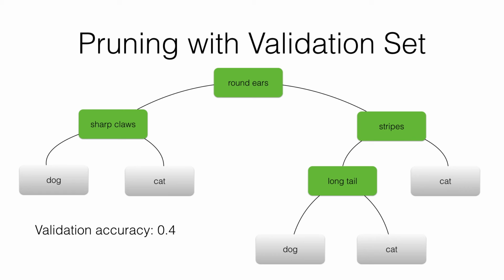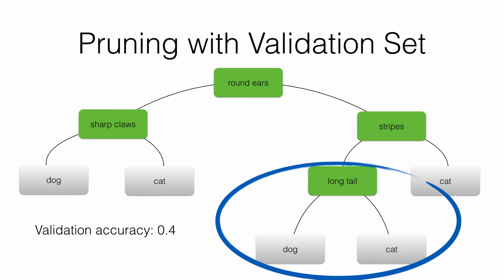So what you can do is look at a decision tree that you've learned from data and evaluate the prediction accuracy of that decision tree on some held out validation set. And then you can consider a deep subtree in your overall decision tree and see what happens to your validation accuracy if you prune that subtree away.